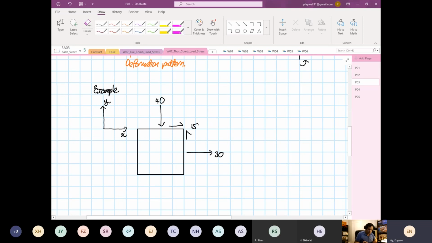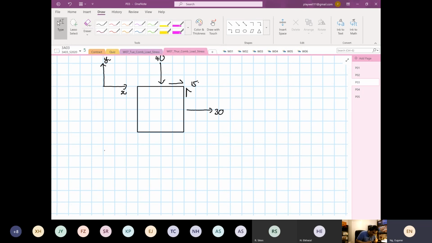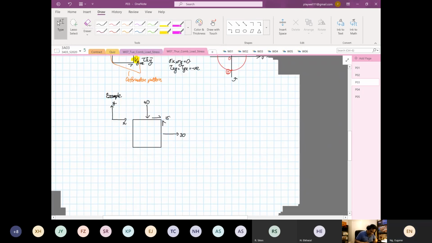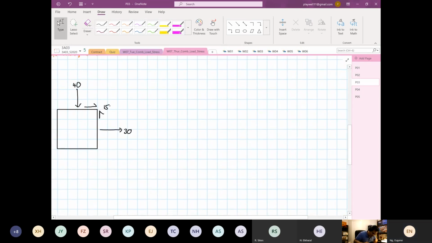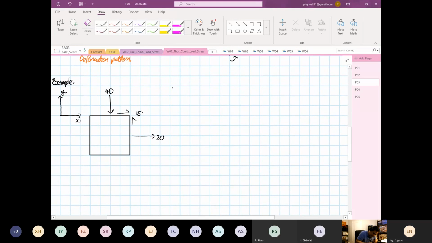Okay. So what we want to find, let's see how much space we have. We have plenty. We're going to find the maximum shearing stress. We're going to find our principal stress.